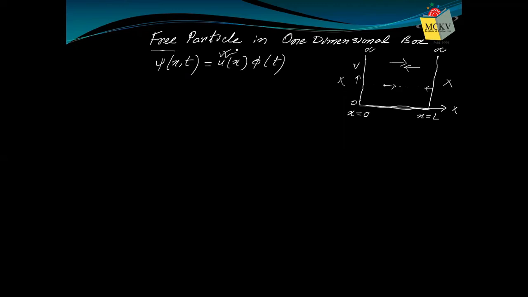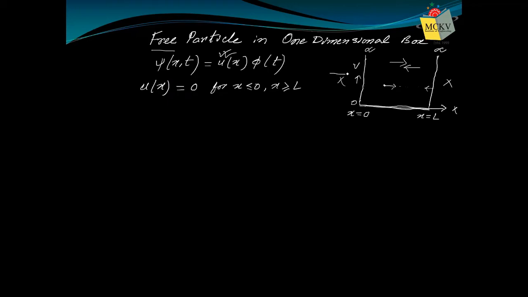That means we only try to find out this u, and that's why we require the knowledge of u. What we know for certain is that u(x) will be zero outside the box. That means for x less than or equal to 0 and x greater than or equal to L, u is 0.